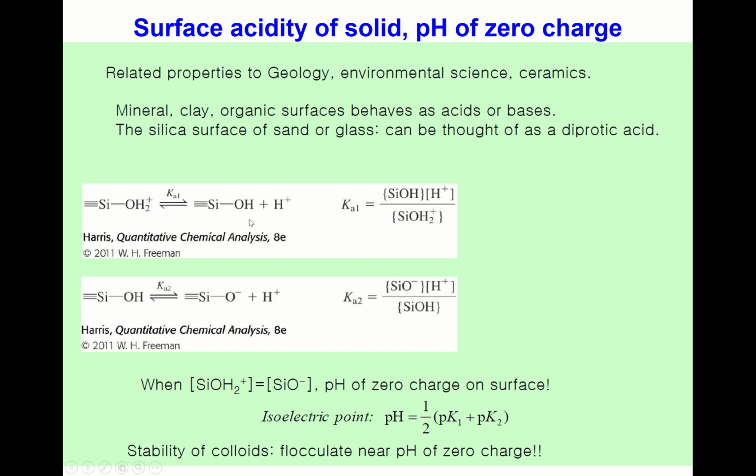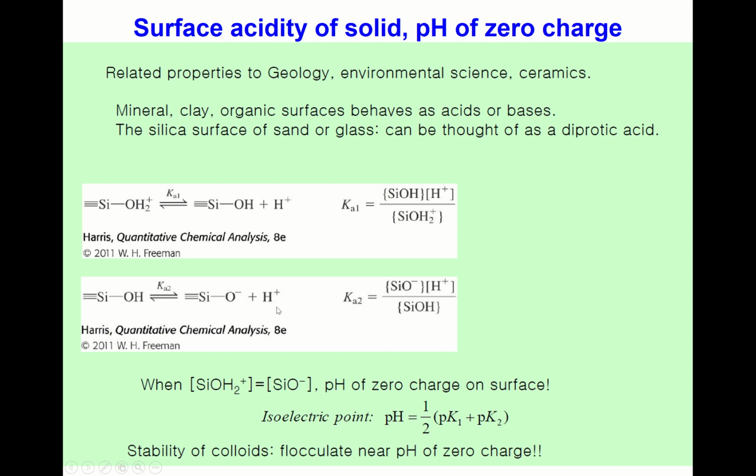Since it has a proton, the proton is dissociated into solution from the surface, leaving this neutral silica surface. So this one behaves as an acid. And also we can define the equilibrium constant like that. And when this silica surface is in a strongly basic solution, this proton is deprotonated, and it becomes negatively charged, and proton is released.